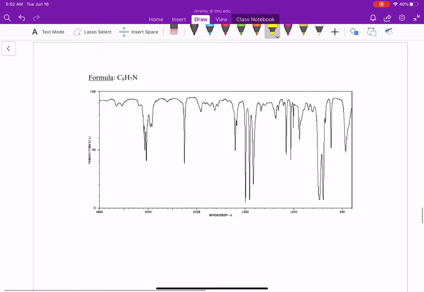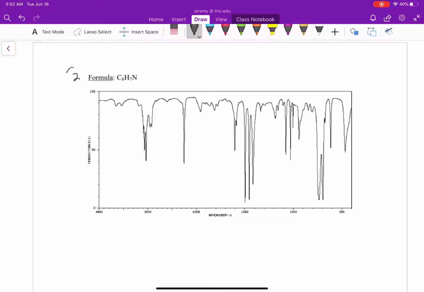Let's look at our second problem. Again, we're trying to figure out a possible structure. The first thing we want to do is calculate DUs or DBEs, meaning how many pi bonds and rings we have. Remember our formula: the number of carbons plus 1 minus the number of hydrogens and halogens divided by 2 plus the number of nitrogens divided by 2.